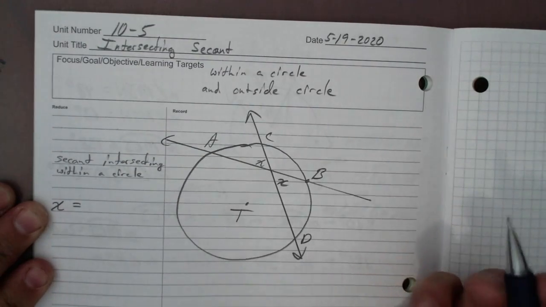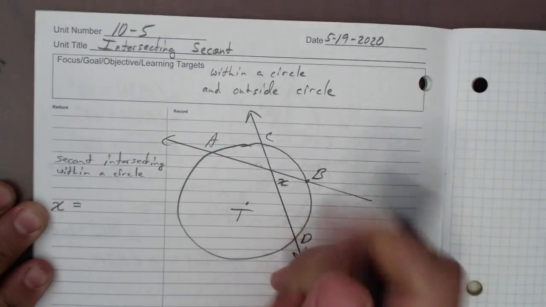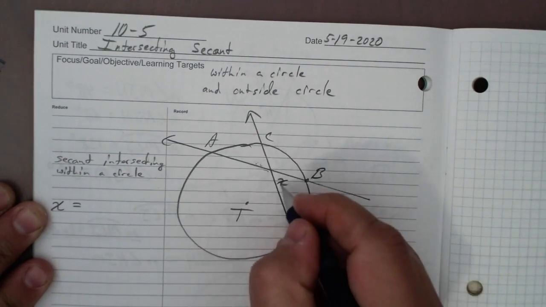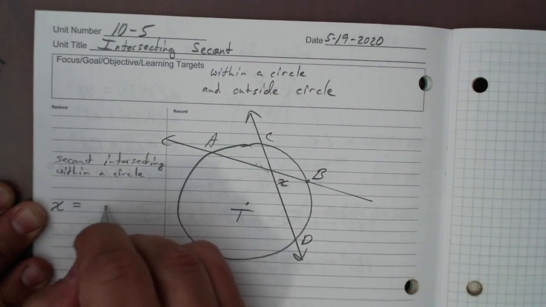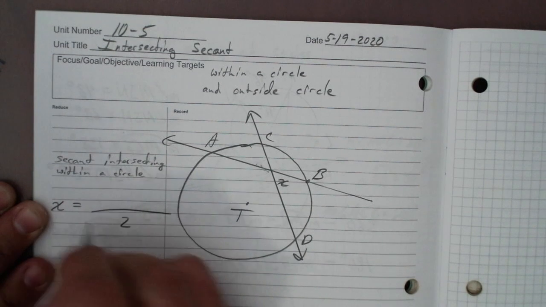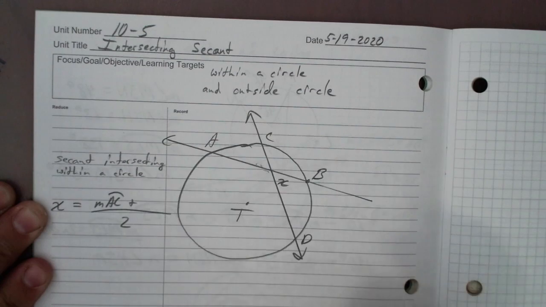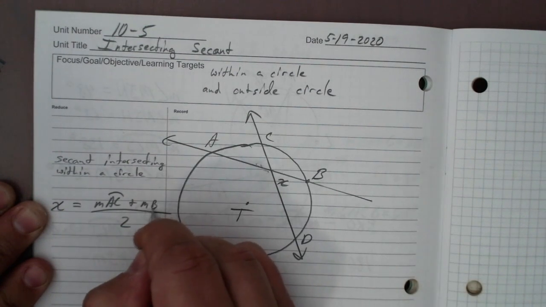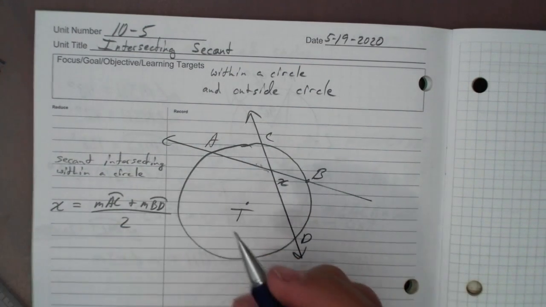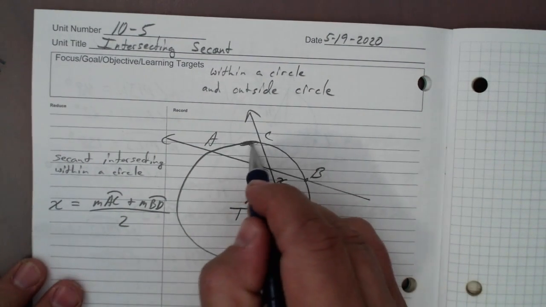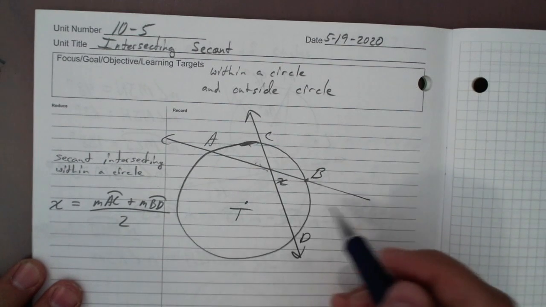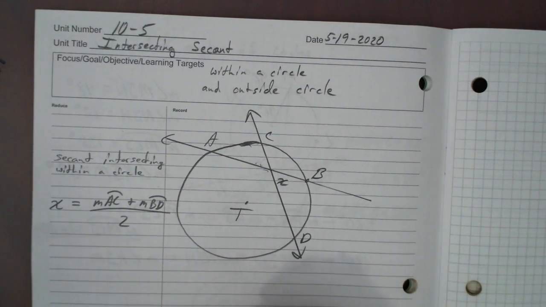So this is also the X value. So each one of those is the value of X. So X is the average. So the measurement of AC plus BD divided by 2. Okay? So it's the average of these two contained arcs.